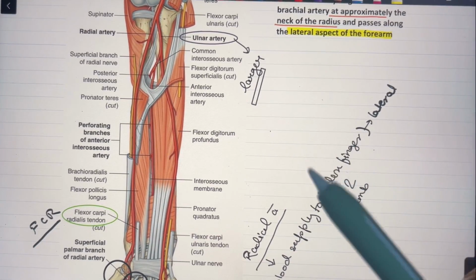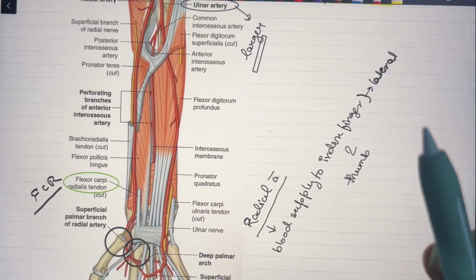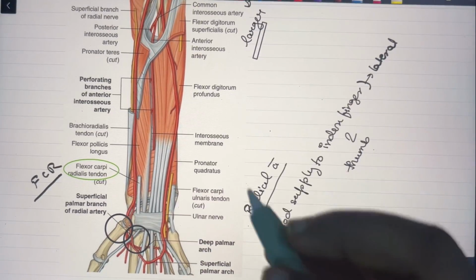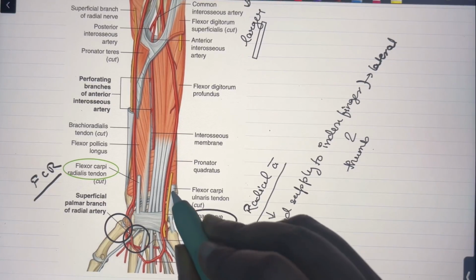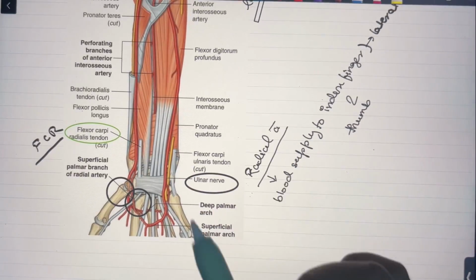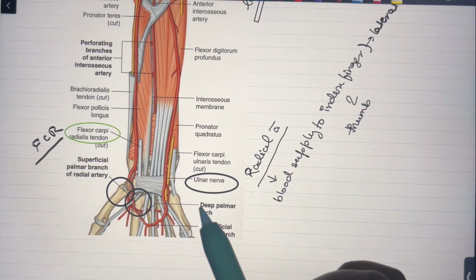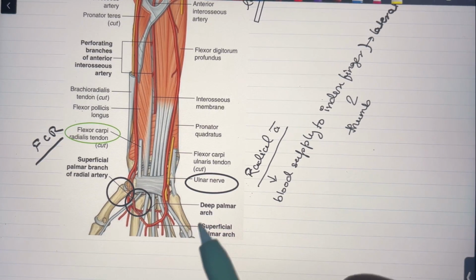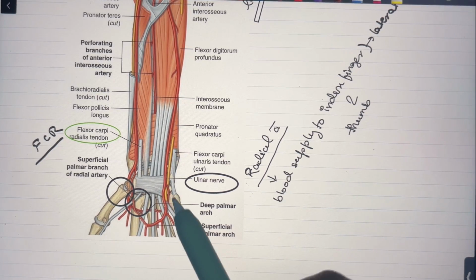In the distal region, the ulnar nerve is medial to the ulnar artery. This is the ulnar nerve, medial to the ulnar artery, and the artery enters the hand by passing lateral to the pisiform bone and superficial to the flexor retinaculum of the wrist, and arches over the palm.